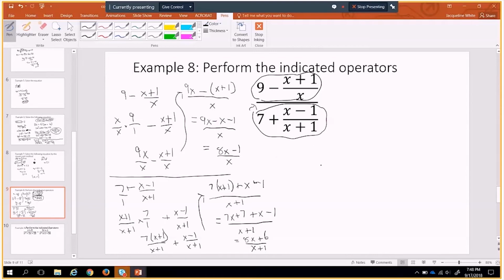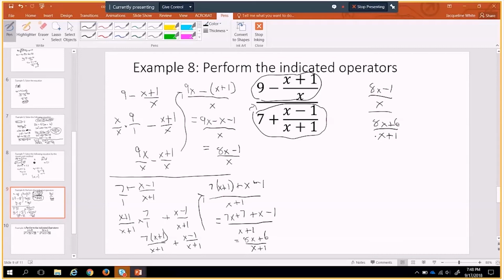So let's combine everything, and we'll have 8x minus 1 over x over 8x plus 6 over x plus 1. Okay, wow, we still have these fractions, but what we can do is keep, change, flip, right? What does that entail, guys?